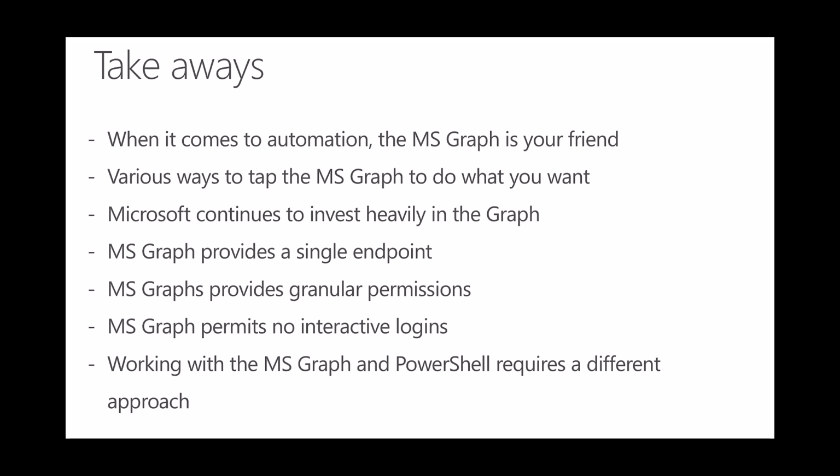Because we're working with PowerShell, we still need to understand the modules, understand the flow of PowerShell, but we're working with a HTTP request, and we need to set up some securities to allow that. But once you've got that down, it really is much easier to copy and paste and replicate and get out the automation that you want. You don't have to keep authenticating and worrying about a different set of commands. It's all contained in a HTTP request.